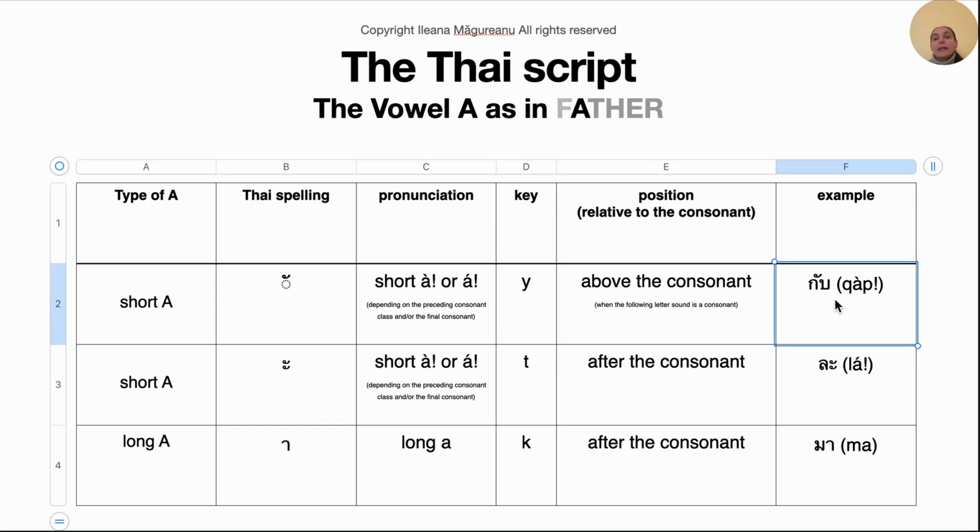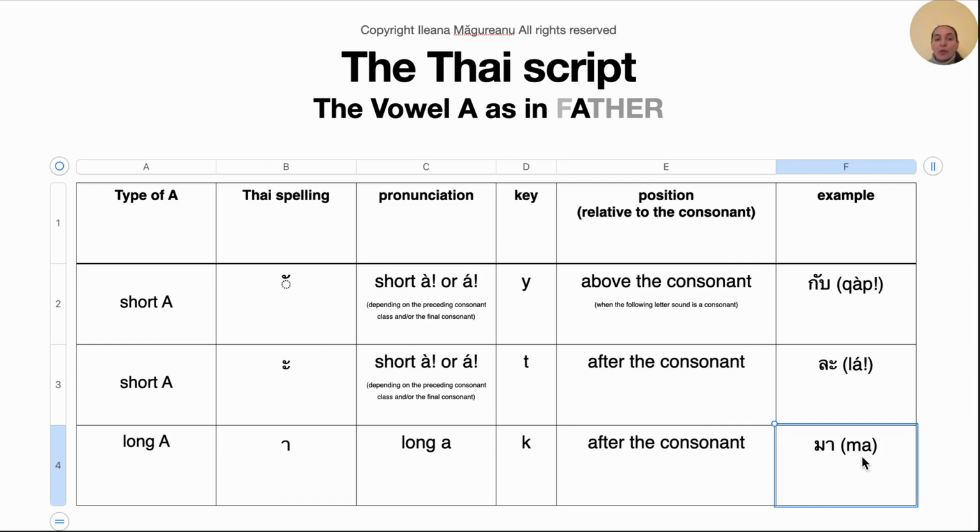So, cap and la. Then we go to the long a. It kind of looks like a cane, and it is positioned after the consonant. The key to help you type it is a K, lowercase again. So we have the verb to come, ma.